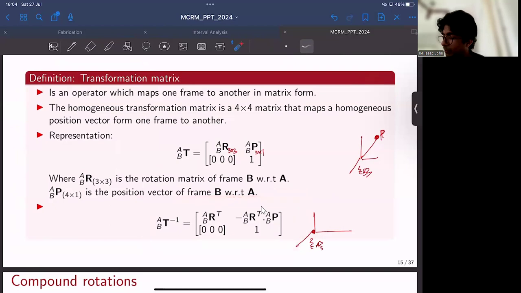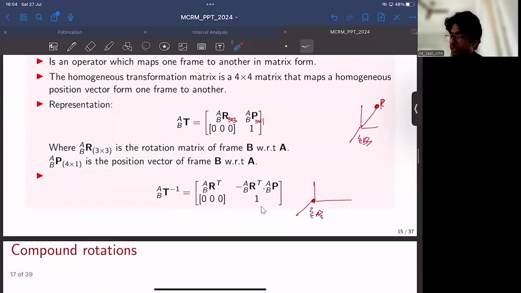The first 3x3 element would be the rotation matrix transposed or inverted. Either is the same because the rotation matrix is orthogonal, which makes the inverse equal to the transpose. The position vector for the inverse matrix is given by this expression. And just like before, for any homogeneous matrix, the final row would be 0, 0, 0, 1.